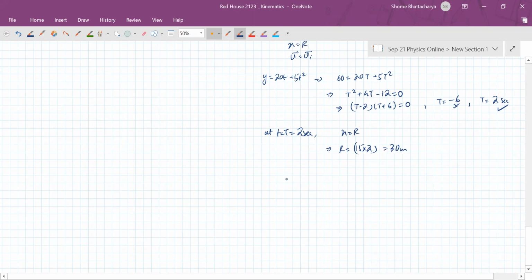And the y component of velocity is going to be 20 plus 10t, so plus 40. So the impact velocity is 15 i cap plus 40 j cap, which is incidentally the same thing as that first case.